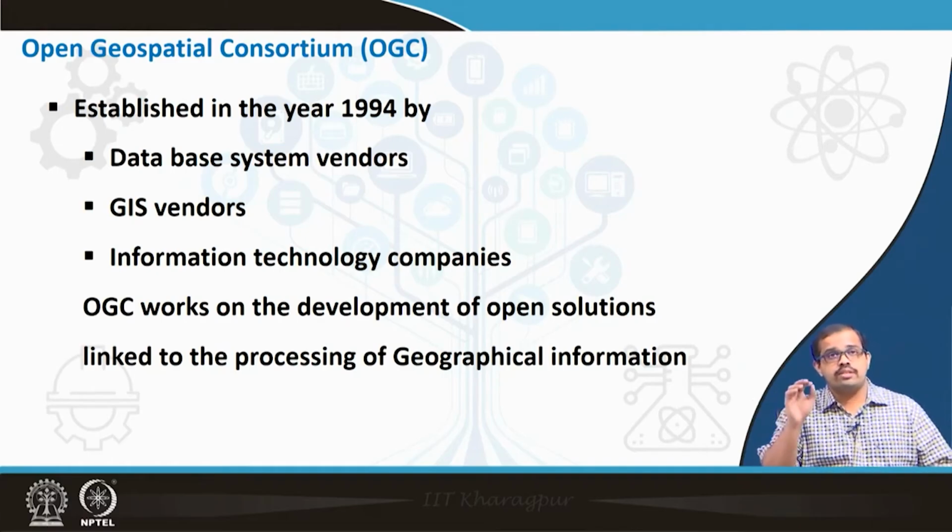That is where the Open Geospatial Consortium was established. OGC standards are well framed at the level of how the data is converted to information, how the data is stored as a database and how the data is accessed by any of the users. This is where the Open Geospatial Consortium forms a very important aspect in anyone's data processing.